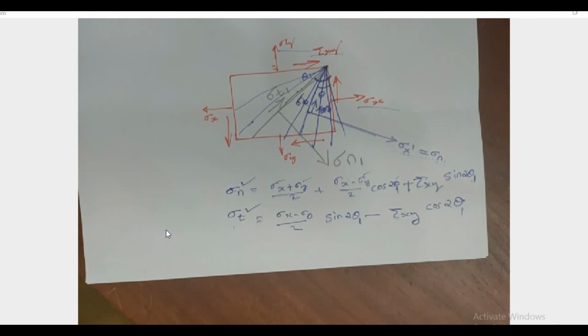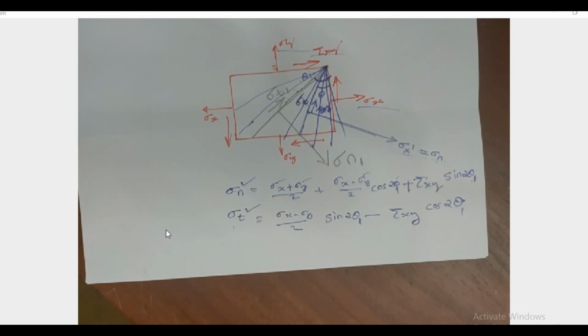Then my question is that we already discussed principal stress. A principal plane is the plane where the normal stress is maximum, or we define a principal plane with another term.